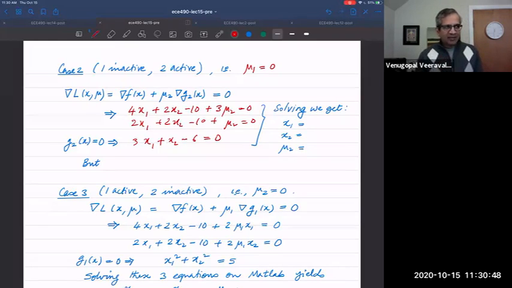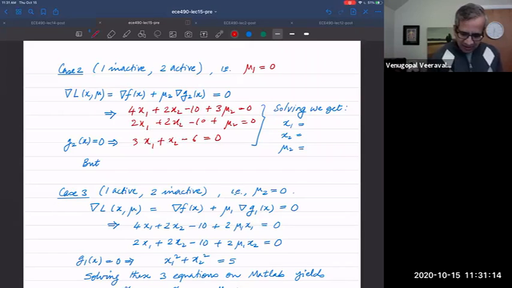In one of the homework problems, it's complicated to solve these linear equations. You can always use the symbolic package in MATLAB, or Mathematica, or there are websites that can solve symbolic things for you.